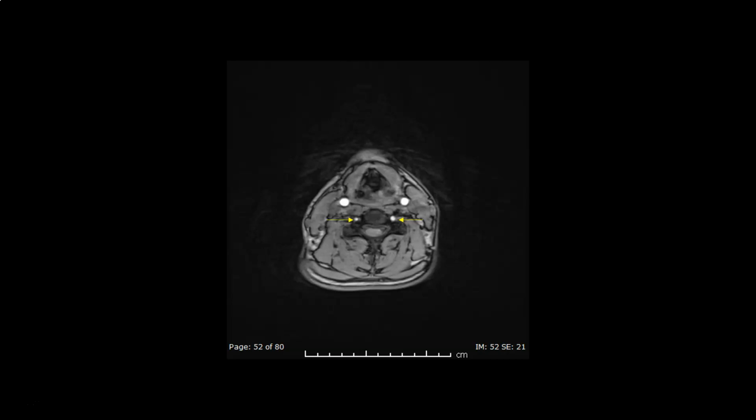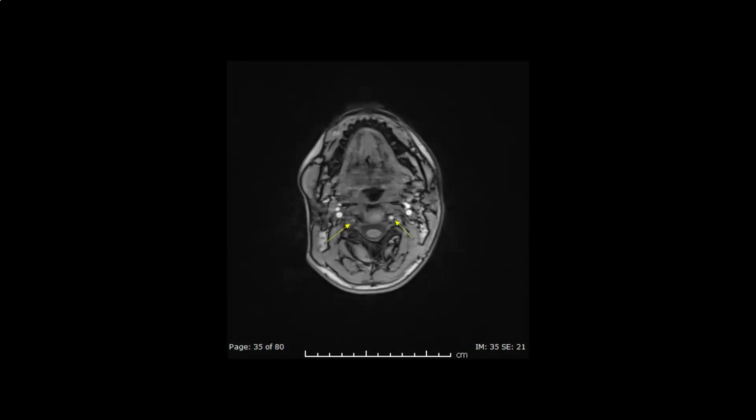On this bright blood imaging, both arteries show normal bright signal at this level. However, at a higher level, the right vertebral artery shows impaired flow.